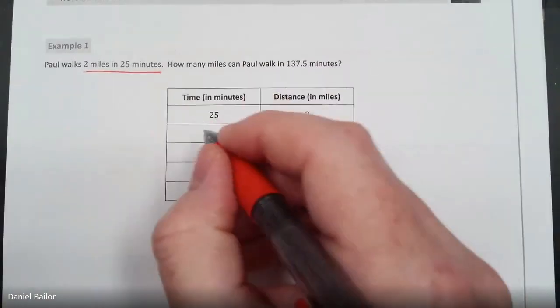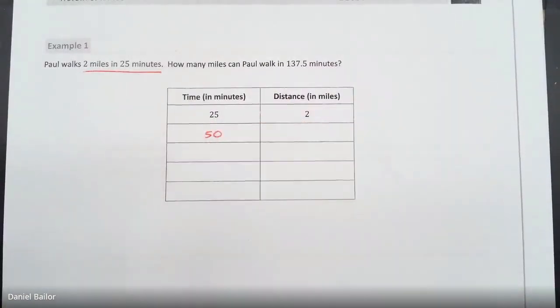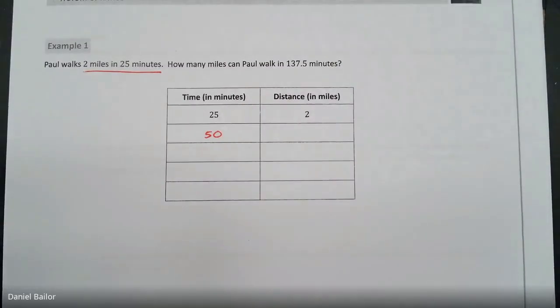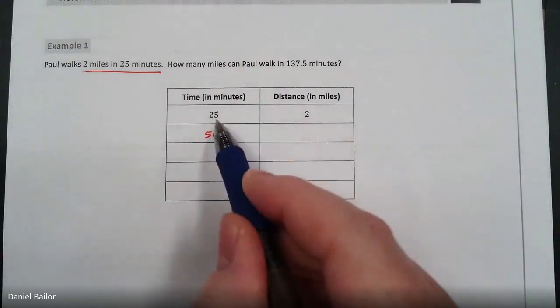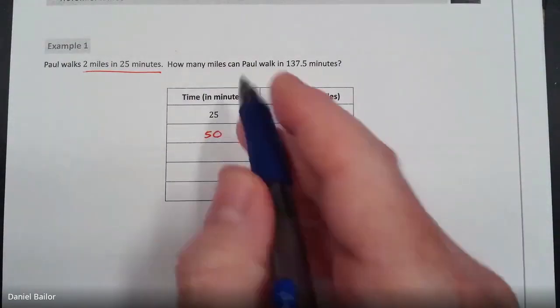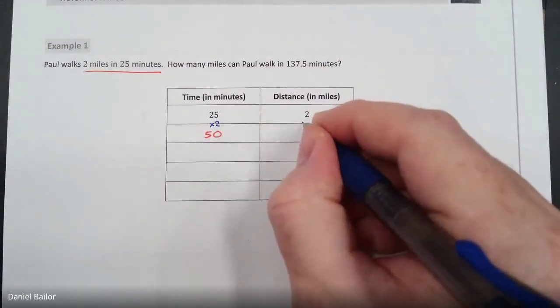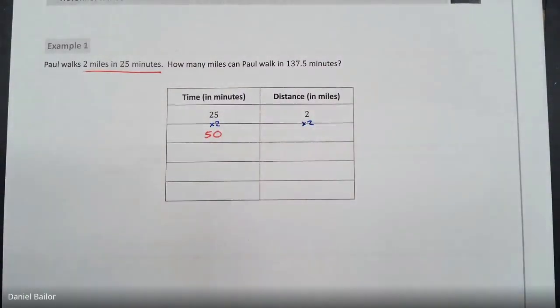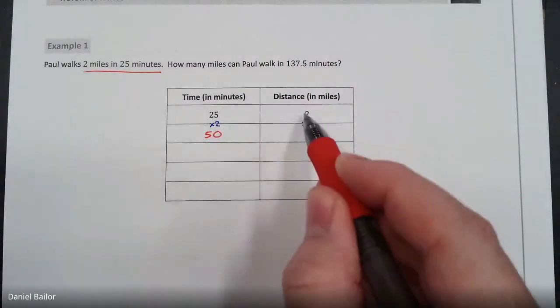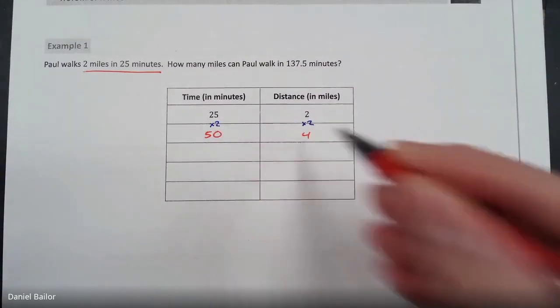Well, what about in 50 minutes? How far can Paul walk in 50 minutes? Well, remember his speed is going to be constant. So if in 25 he does 2 miles, 25 times 2 is 50. So we do 2 times 2. So if in 25 minutes he does 2 miles, in 50 minutes he does 4 miles.